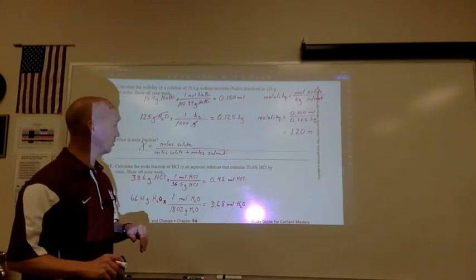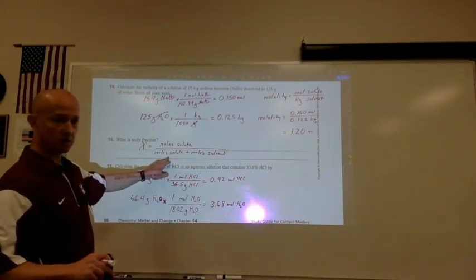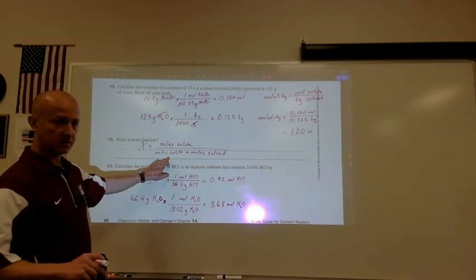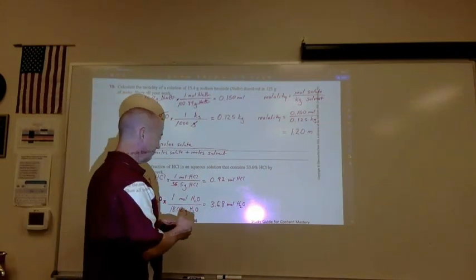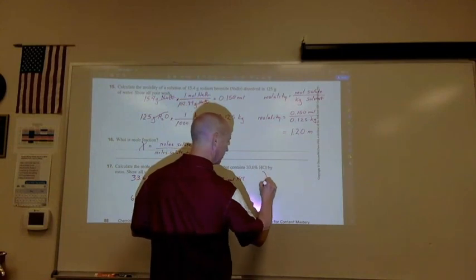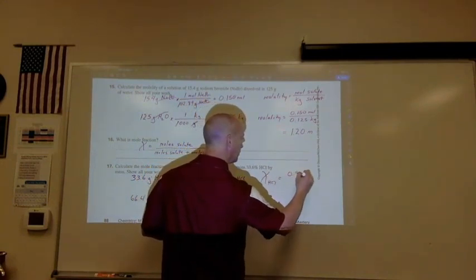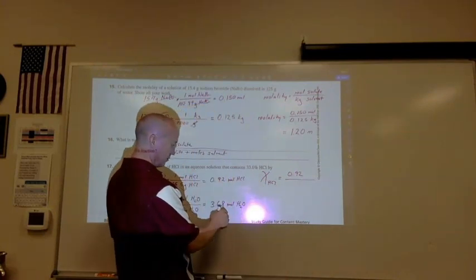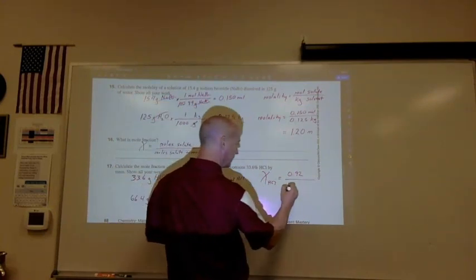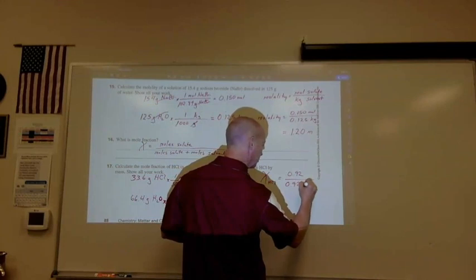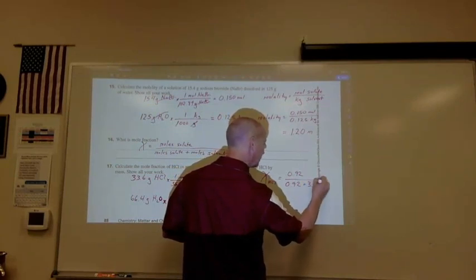And so now all we have to do is use our mole fraction equation here. This is a mole fraction of HCl. Moles of solute, 0.92. Moles of solute and solvent, 0.92 plus 3.68.